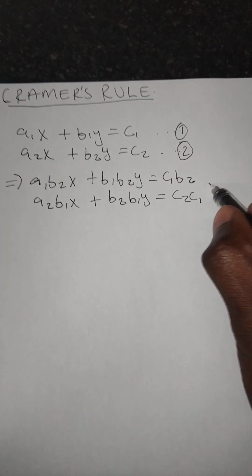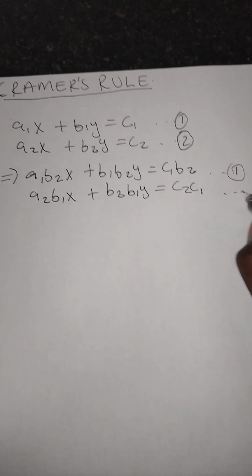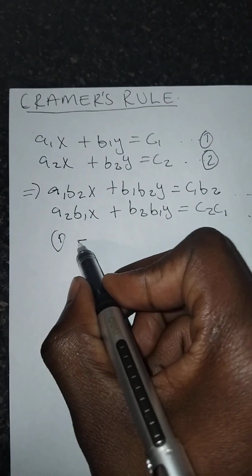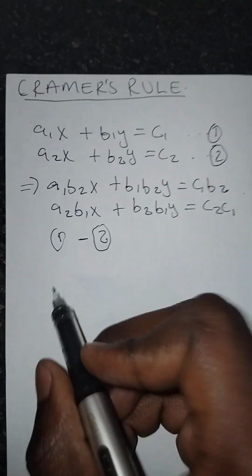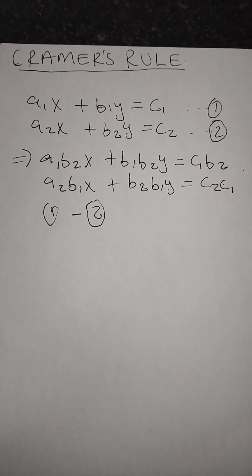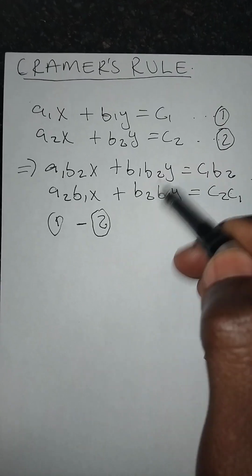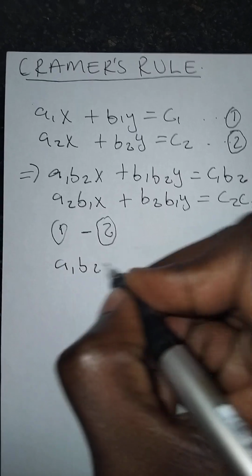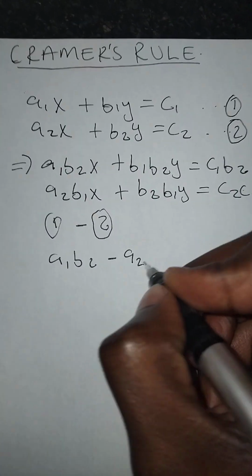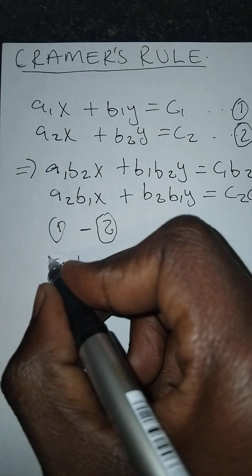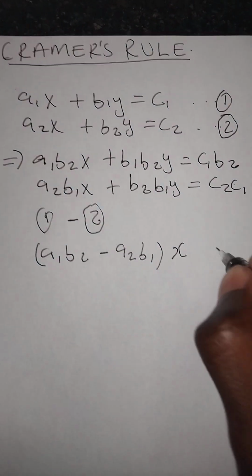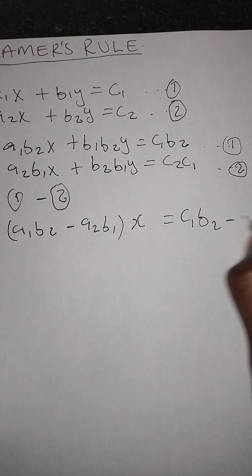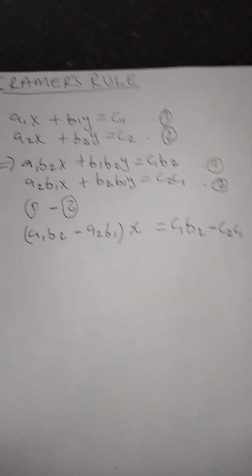Then we subtract those equations, equation 1 minus equation 2. So y is going to go away, and we end up with a1 b2 minus a2 b1, all multiplied by x, equals c1 b2 minus c2 b1, just like that.